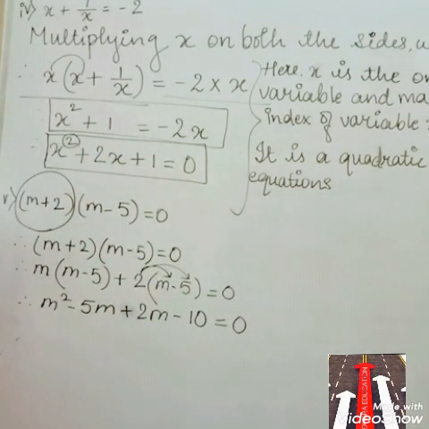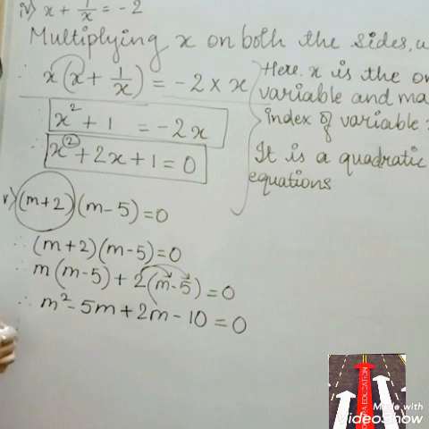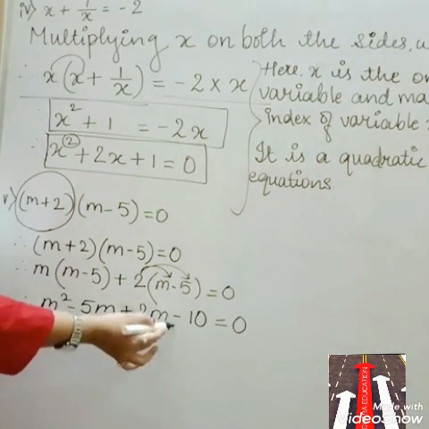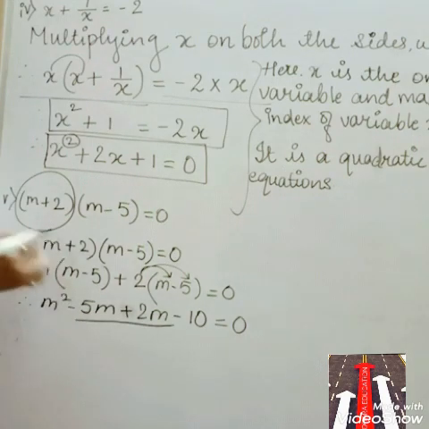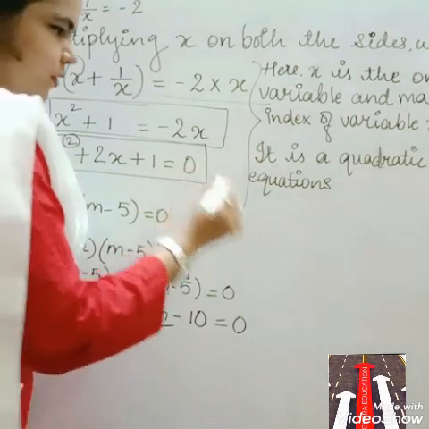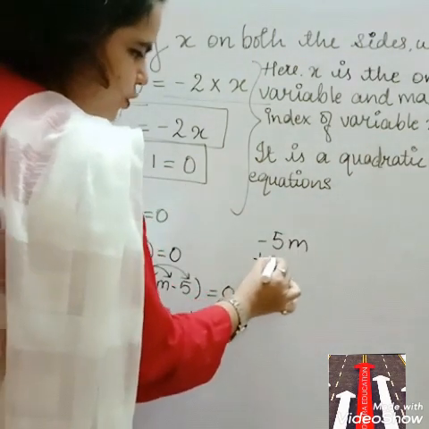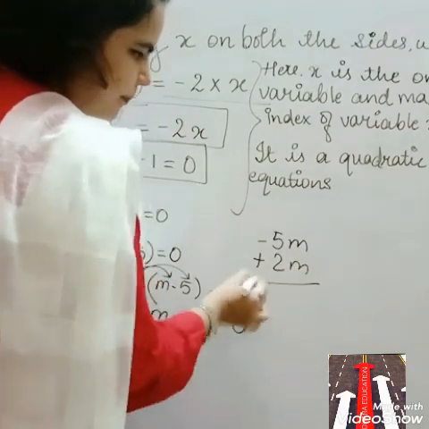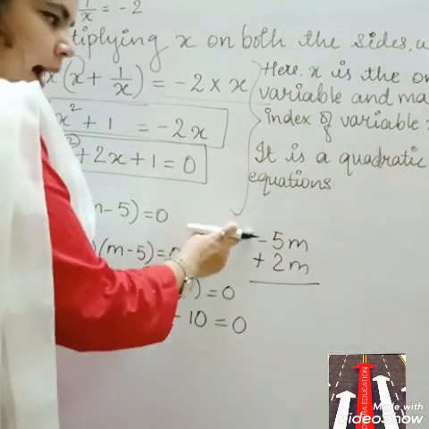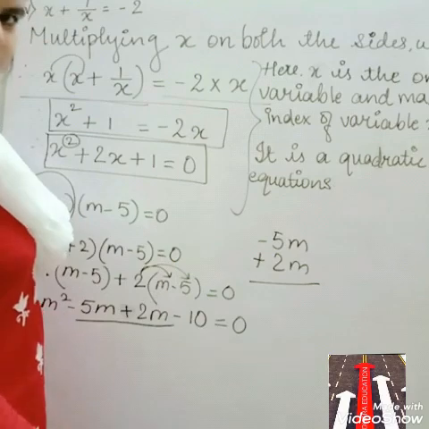Okay. On the other hand, here what we need to do, we need to make this particular variable in a proper way. Please look it over here. Minus 5m and plus 2m. Okay. The higher number is in the minus. Correct?